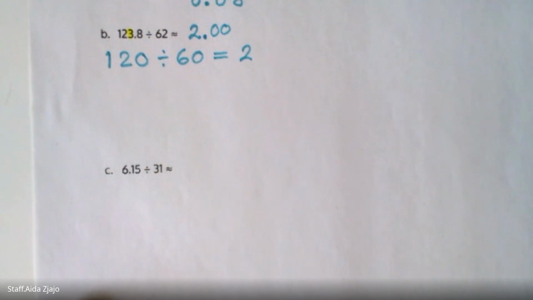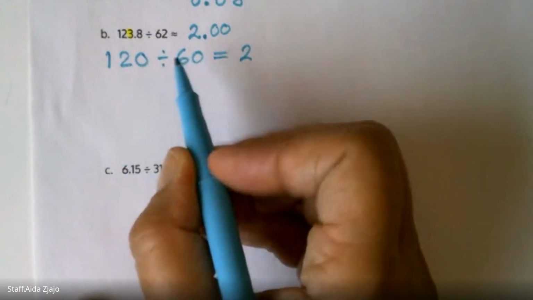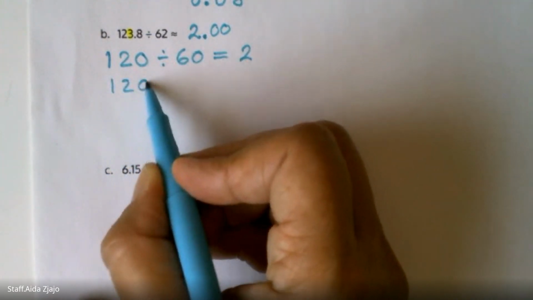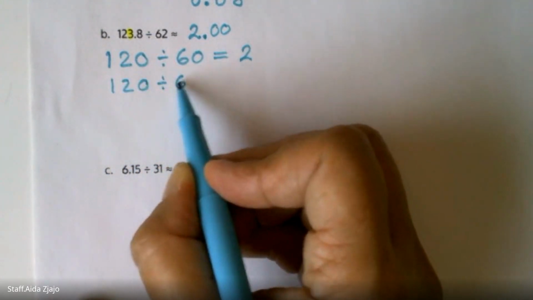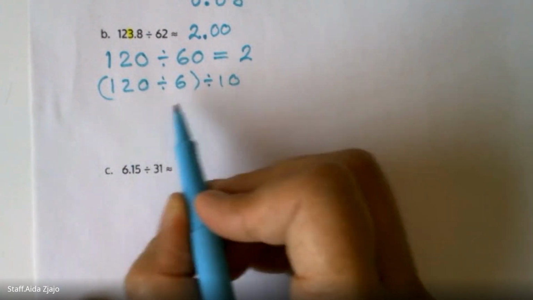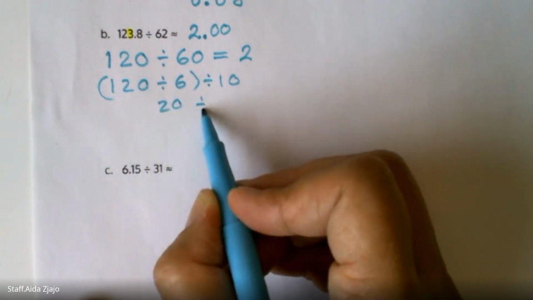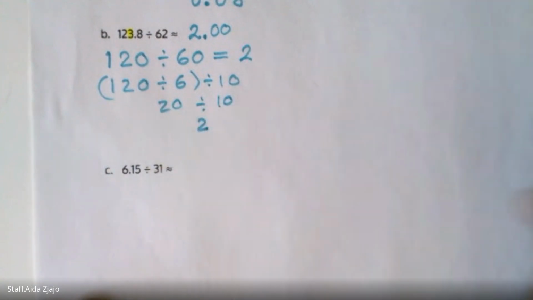The other way is if you wanted to do 120, like we did with decimals, divide by 6 and then divide by 10. 120 divided by 6 is 20, and then 20 divided by 10 is 2. All right.